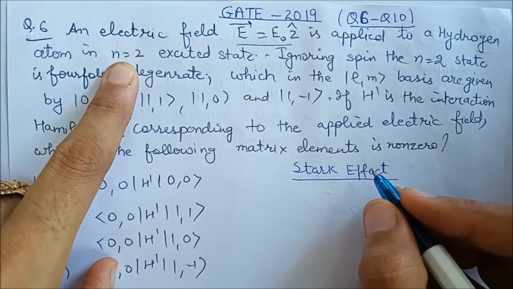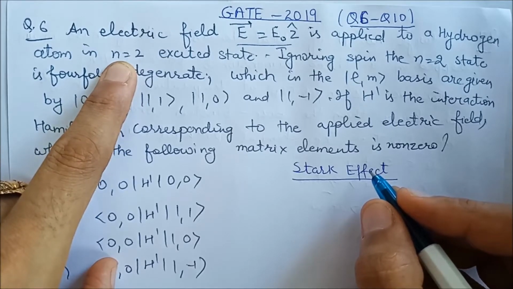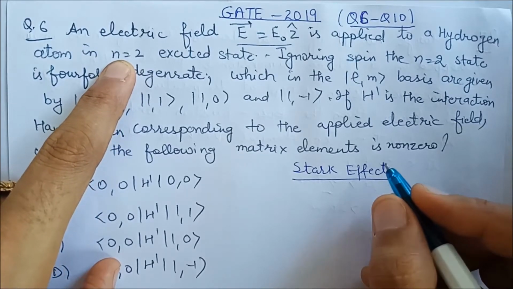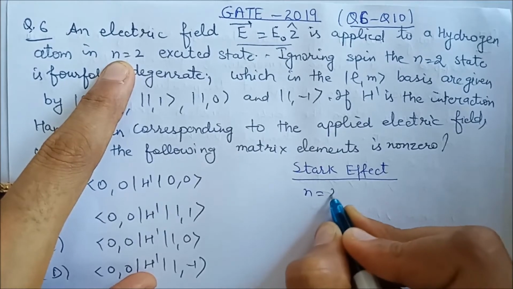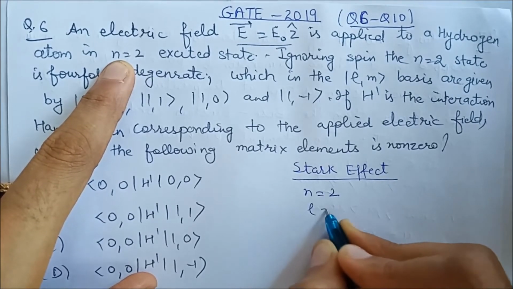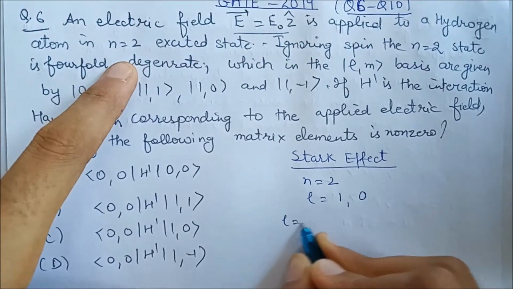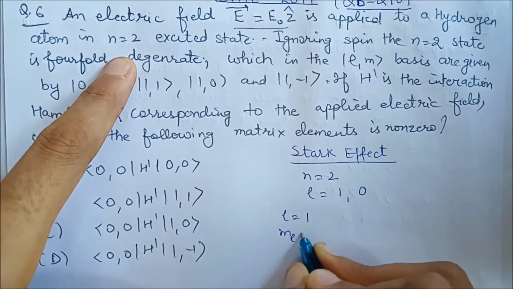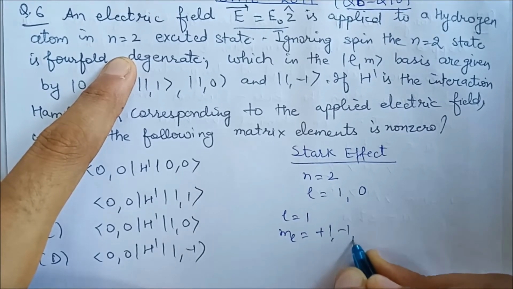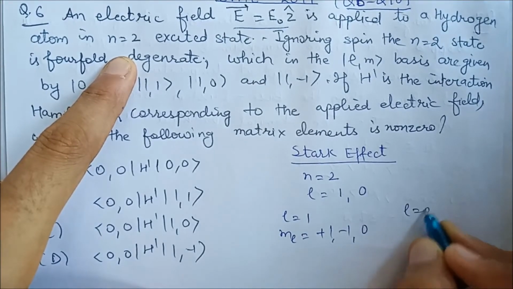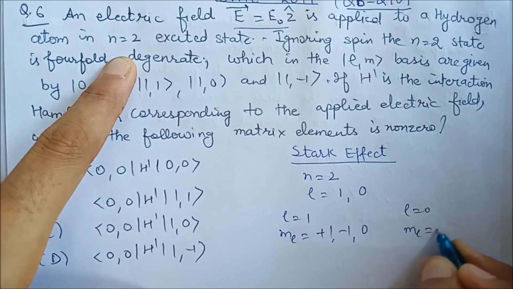Here we ignore the spin, we take only n, l and m components. For n equal to 2, we know that l is equal to 1 or 0. If l is 1, then m_l values are plus 1, minus 1 and 0. And if l is equal to 0, then m_l is equal to 0.